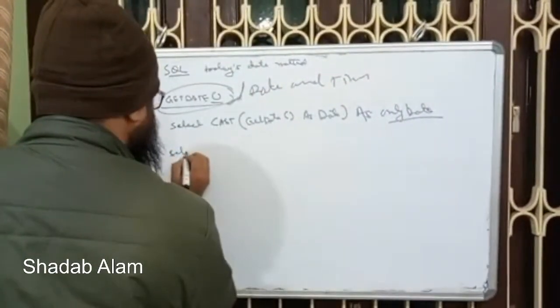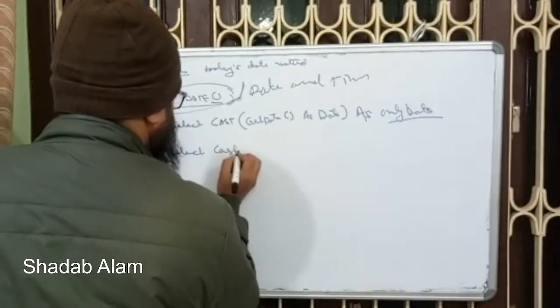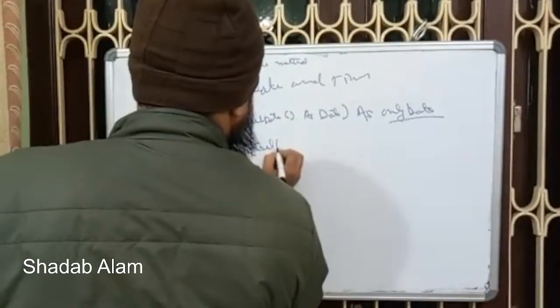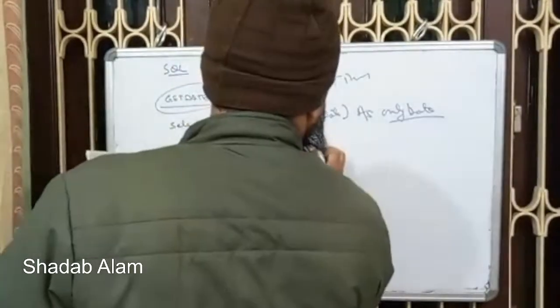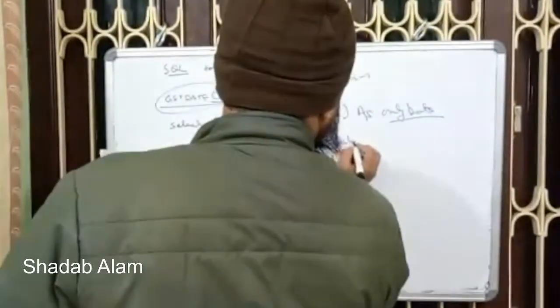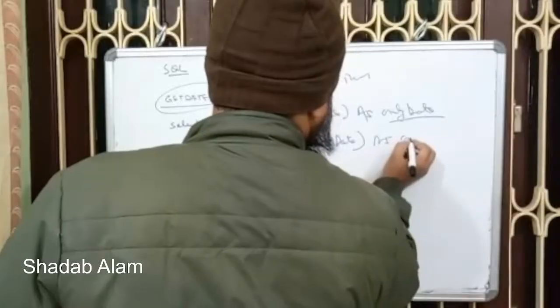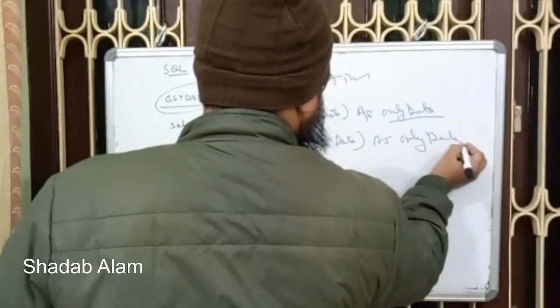So you write SELECT CAST, now GETDATE method AS DATE, then AS OnlyDate.